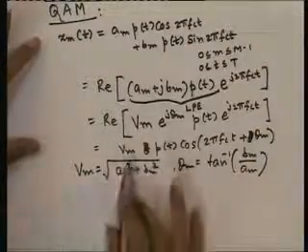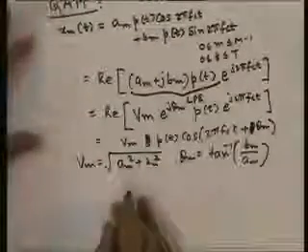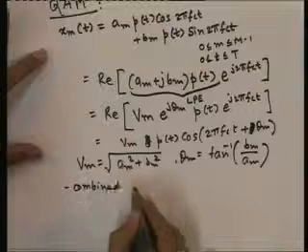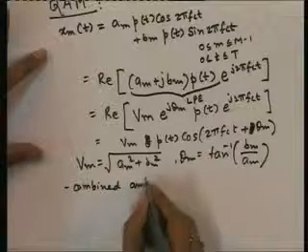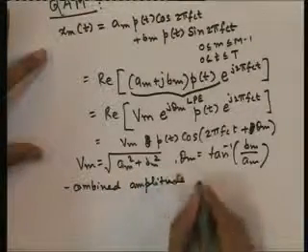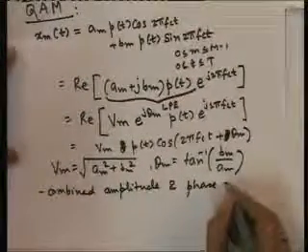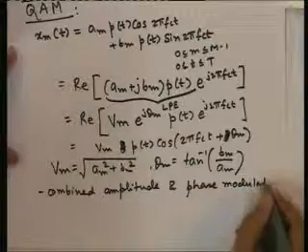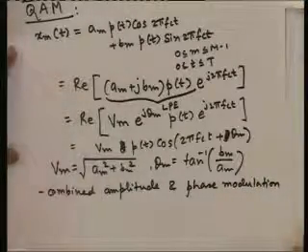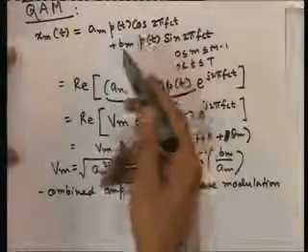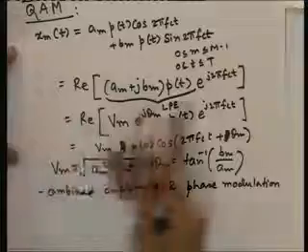Here we can vary Vm as well as theta m. So this is combined amplitude and phase modulation. So it can be viewed as joint amplitude modulation of two carrier signals, whereas it can be also viewed as joint amplitude and phase modulation of a carrier signal.